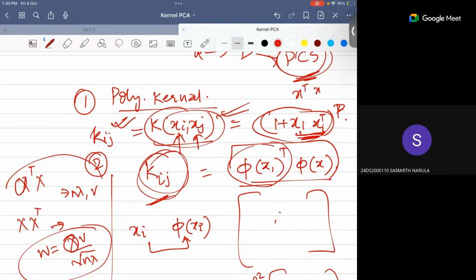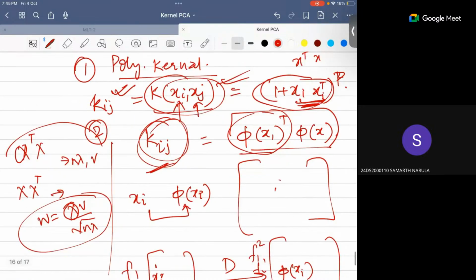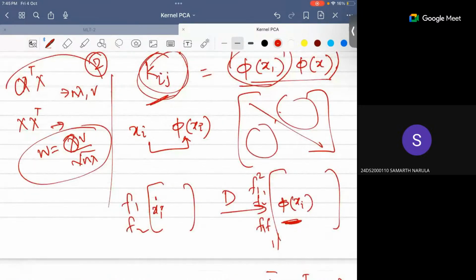You already know that the matrix you get from x transpose x is symmetric. Here also you are just changing x transpose to phi x, doing the mapping to some different dimension, but the matrix you get will be symmetric only.